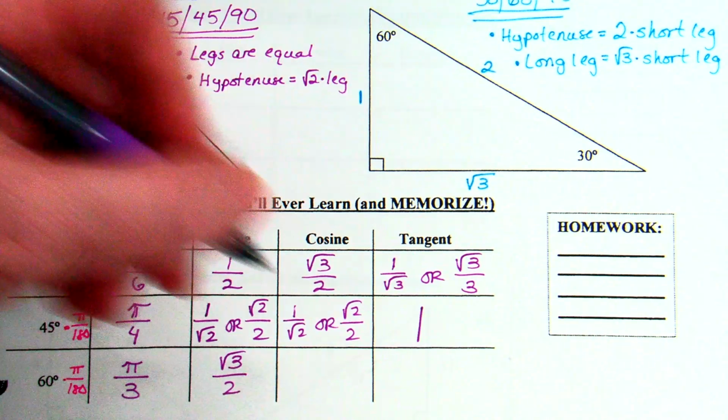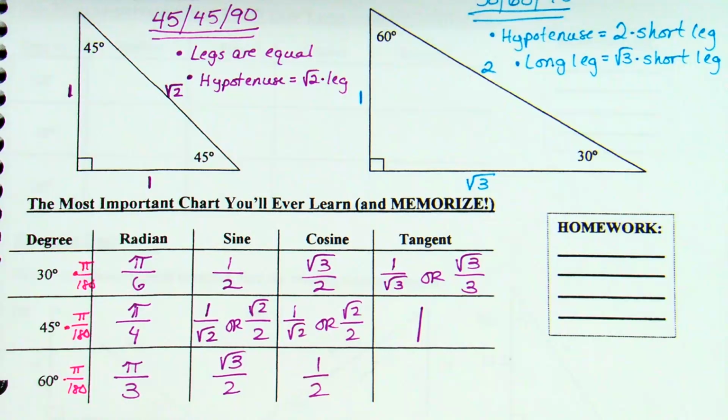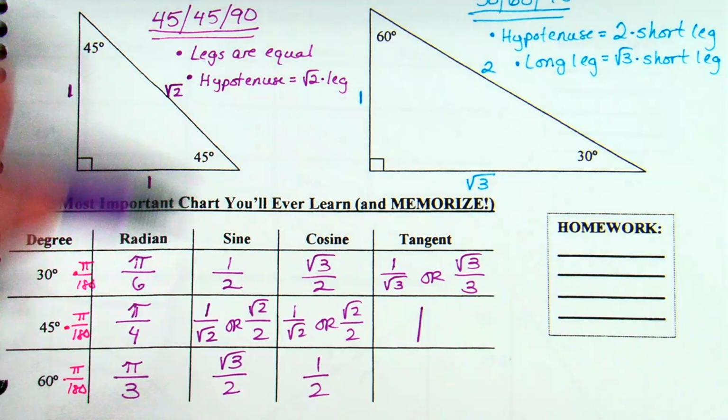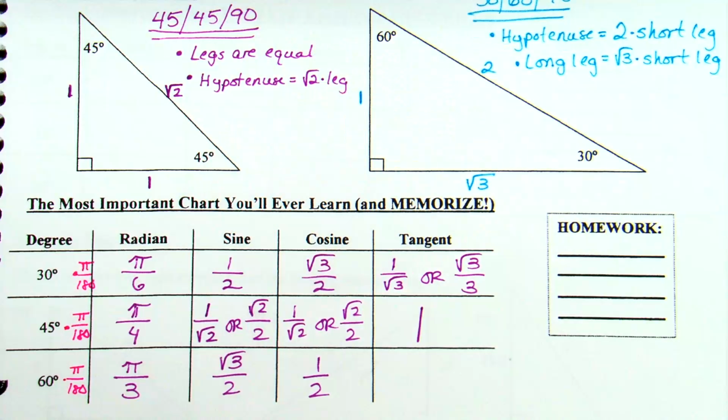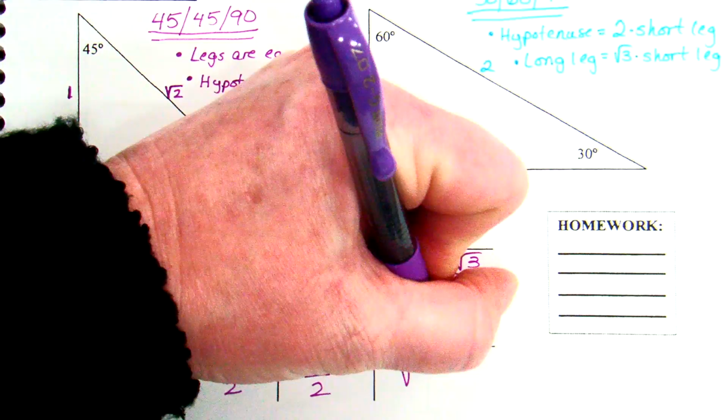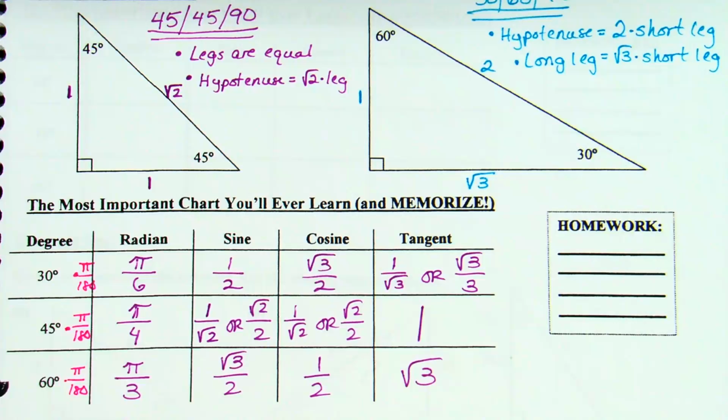Adjacent over hypotenuse. 1/2. And lastly, tangent. Tangent of 60. Opposite over adjacent, which is going to be square root of 3. Okay?